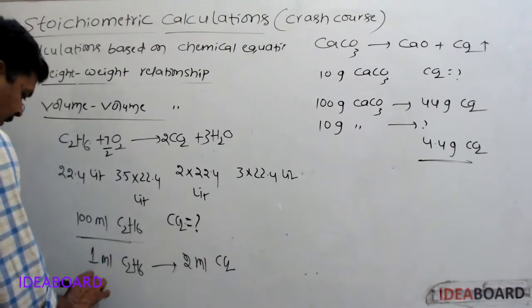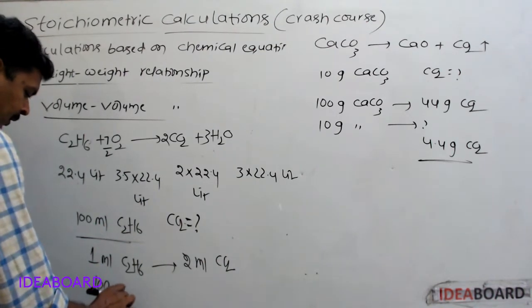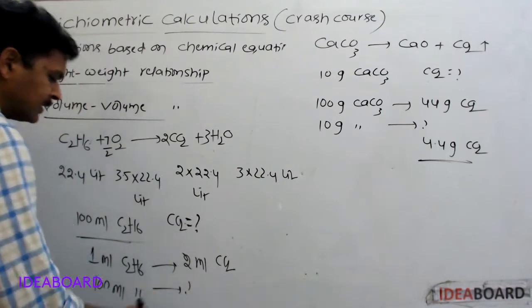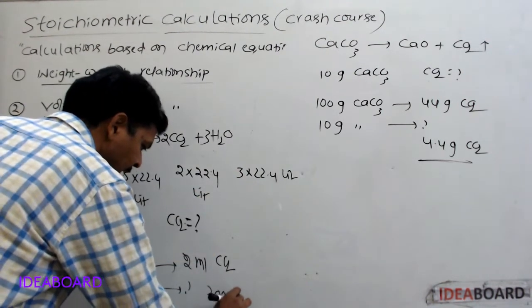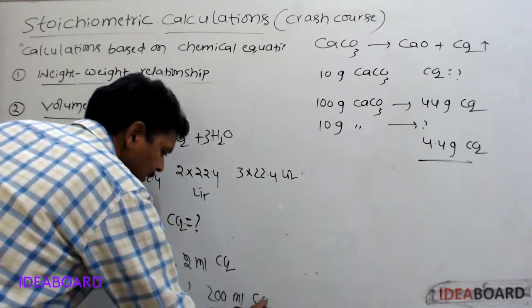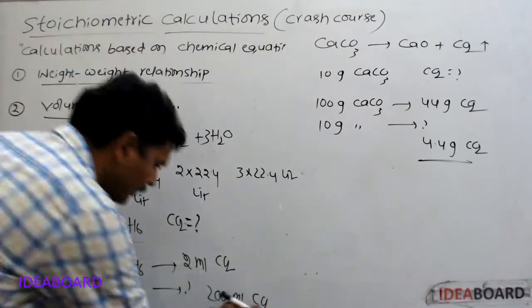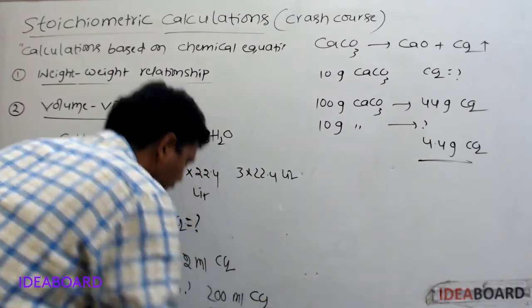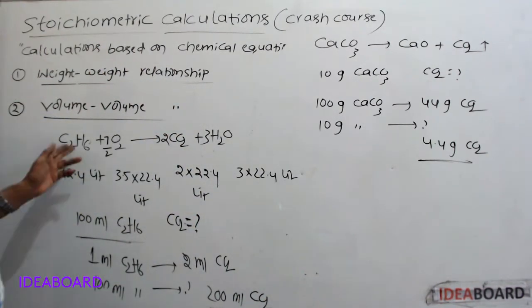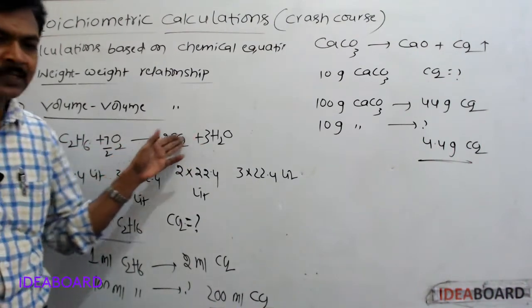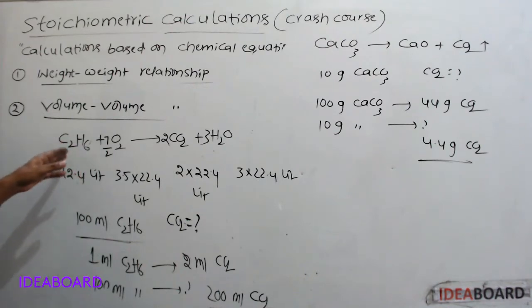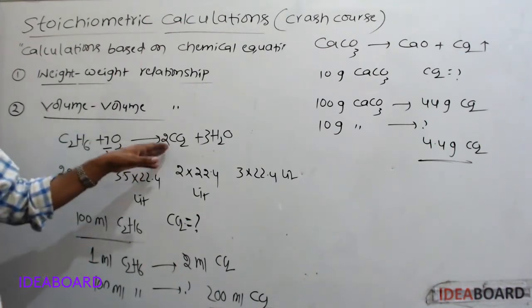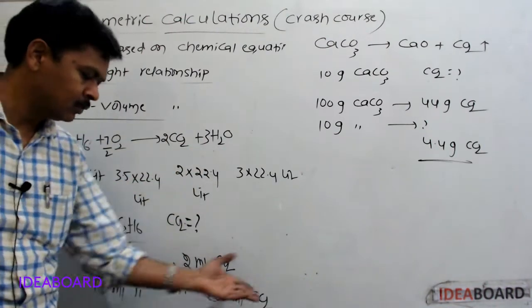Then during the combustion of 100 milliliters of ethane, how many milliliters of CO2 gas is liberated? 200 milliliters of CO2 gas will be liberated.